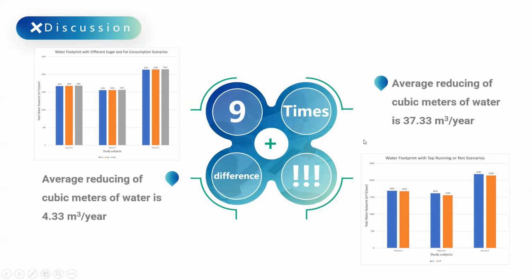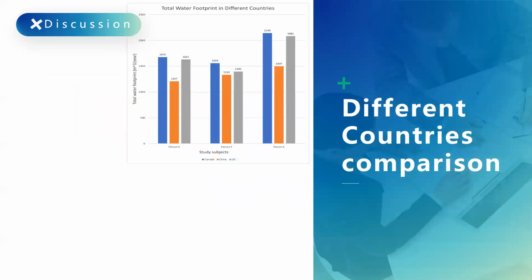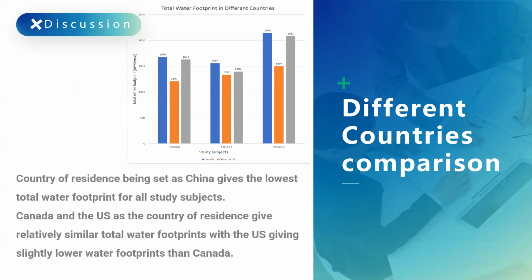That is to say, at least in our case, water usage could be saved more by reducing direct water usage rather than indirect water usage, because you couldn't see any water usage in food, but you could see the tap wasting your water when you are brushing your teeth. In the country comparison, China has the lowest total water footprint, and Canada and the US have similar ones, while the US is slightly smaller than Canada.